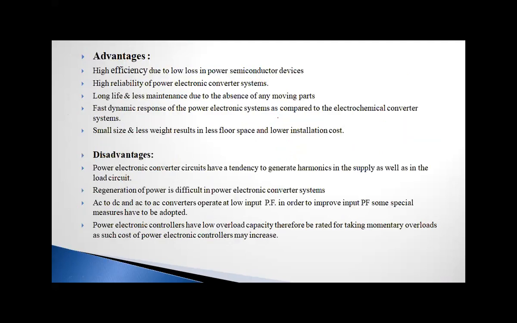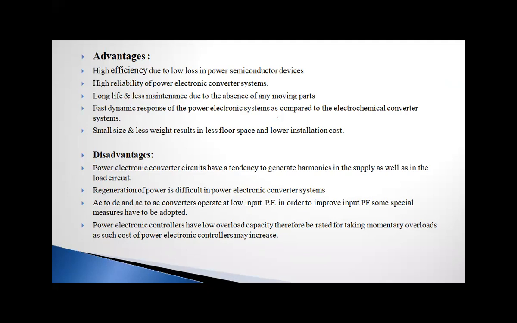Next. So, what are the advantages of power electronics? We already discussed why we are going for power electronics. We have a number of advantages. First one, high efficiency due to low loss in power semiconductor devices. When the switch is on or off, a very small amount of voltage is dropped, which can be neglected.